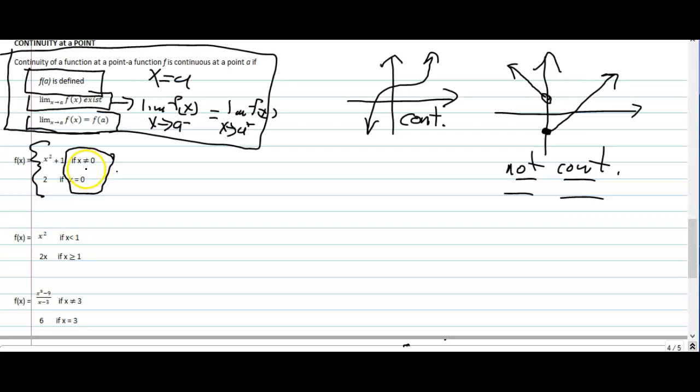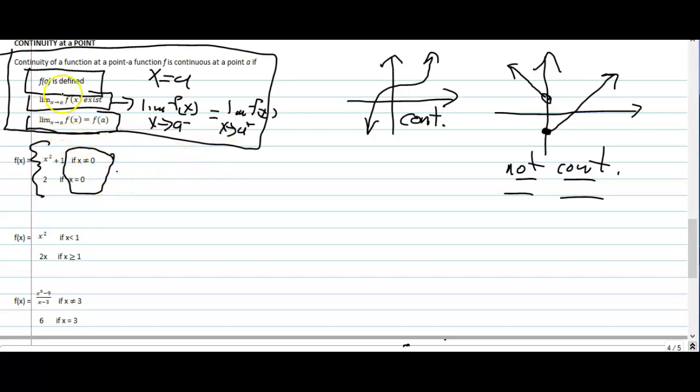That means if x is either negative or positive, we square x and add 1 to it. However, if x is equal to 0, then f of x simply becomes 2.